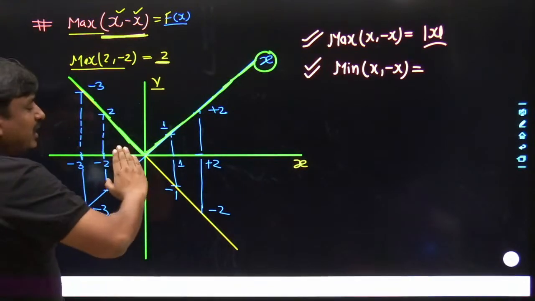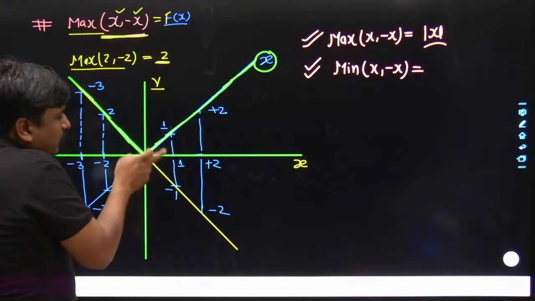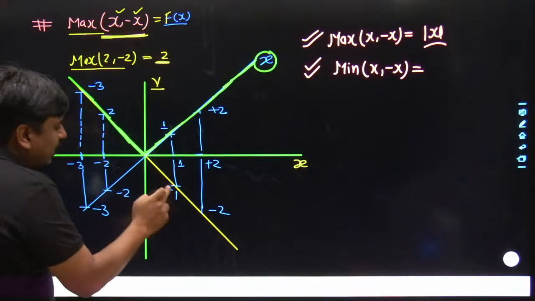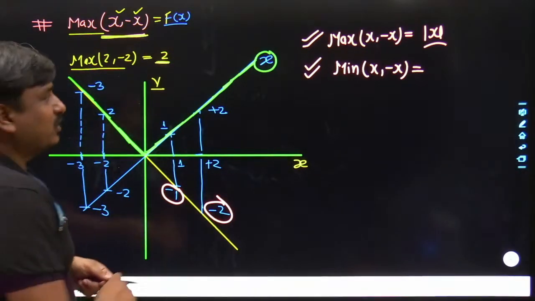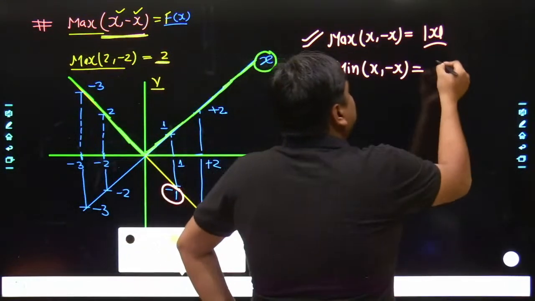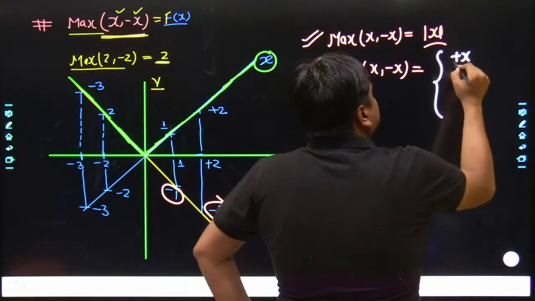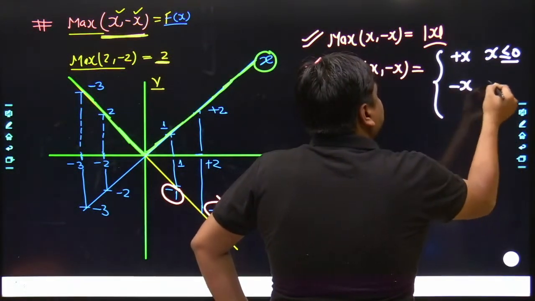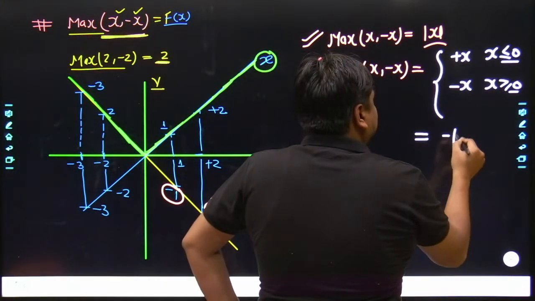And similarly, when you go towards the positive value of x, and still you have to select the minimum value, from where is the minimum value extracted? Obviously with the help of a straight line which has been precisely defined as minus x. So the minima of x comma minus x can be written as plus x when x is less than or equal to 0, and minus x when x is greater than or equal to 0, which can be simply written as minus mod of x.